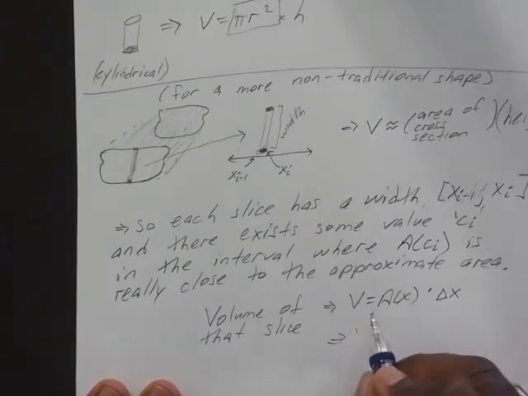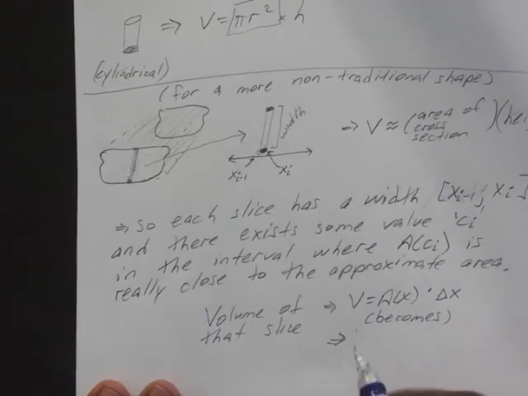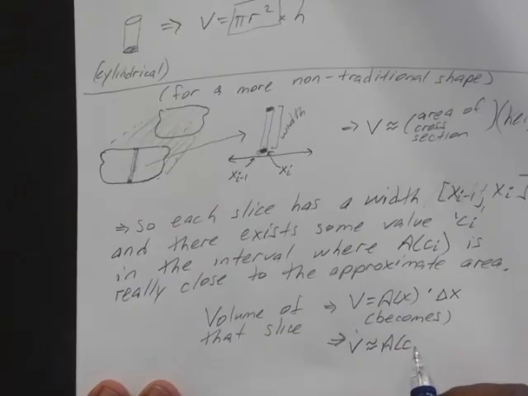And that becomes your volume is approximately equal to A of C sub I times your delta x.